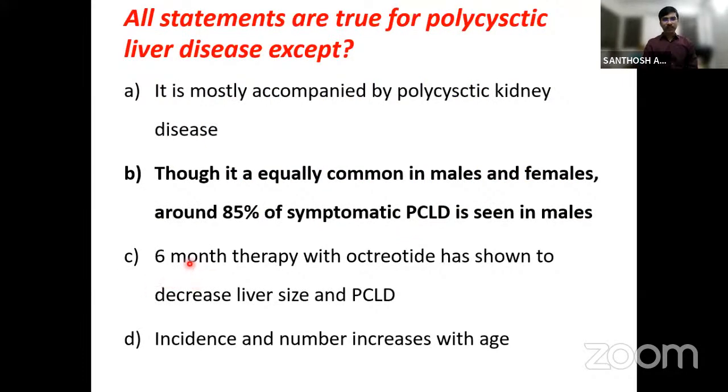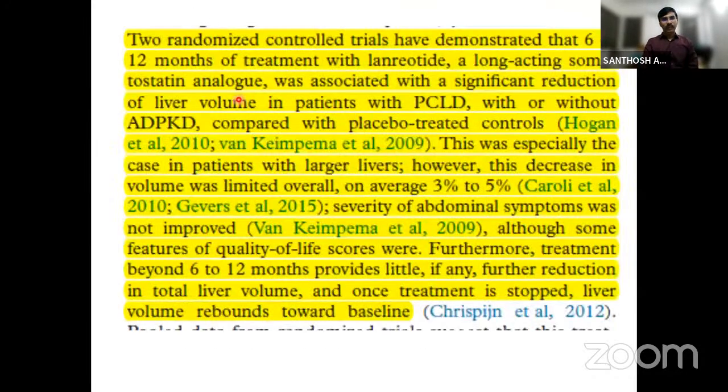Now, regarding this option, whether it is correct or wrong, 2 randomized control trials demonstrated 6 to 12 months of treatment with lanreotide, which is a long-acting octreotide, significantly reduced the liver volume in patients with PCLD. Now, the question will be, then why cannot we start using octreotide? See, however, this decrease in volume is limited only to 3 to 5% of the liver volume.